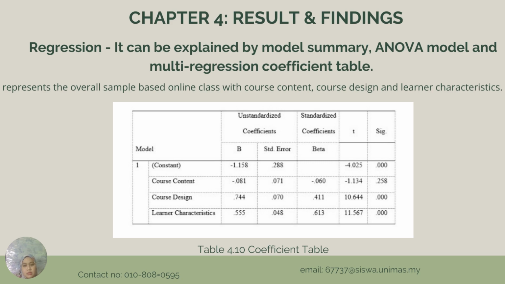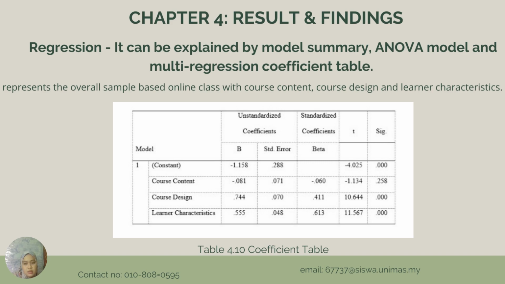Based on the result, course design and learner characteristics have a relationship with online class when P is smaller than 0.05. Meanwhile, the course content does not have a relationship with online class when P is greater than 0.05.